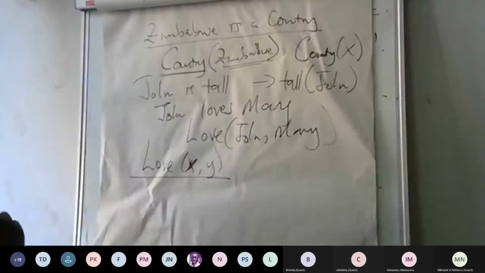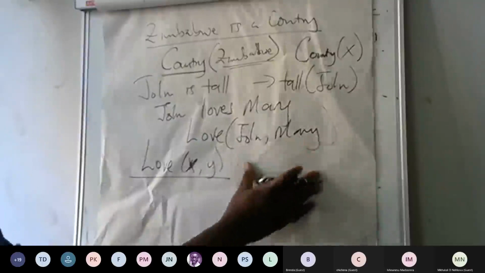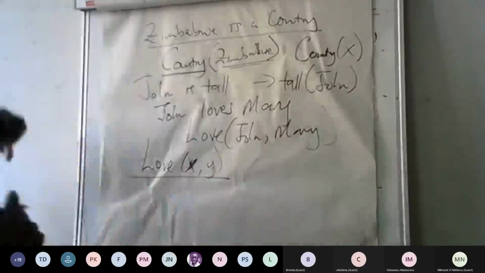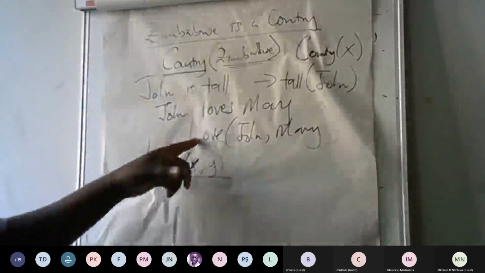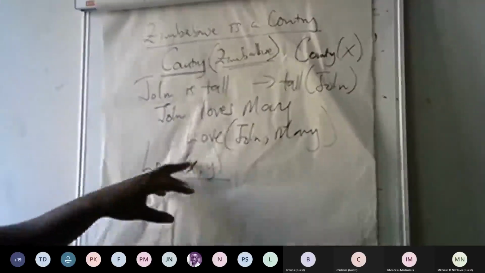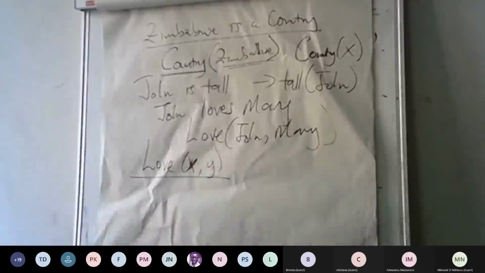Love does not exist only between John and Mary, but for specifics, we can say Love(John, Mary). Then we can generalize to say Love(x, y), where x and y are you and your loved one. So identifying what a global variable is and what a specific example is will help you in terms of what you really want to do there.